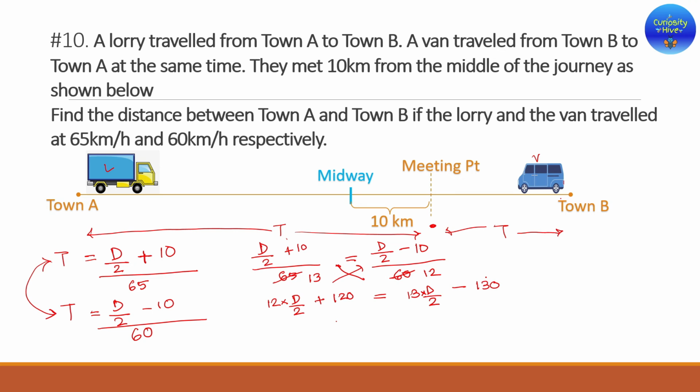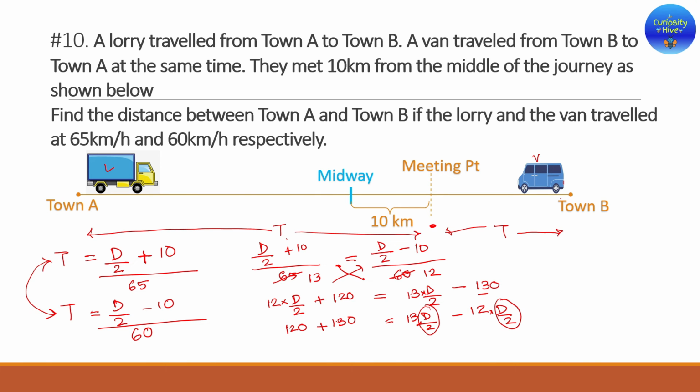So if I move 130 this side, I am left with 120 plus 130 is equal to 13 d by 2 minus 12 d by 2. Correct? So 13 minus 12 d by 2. Now this is same, so we can just consider this.